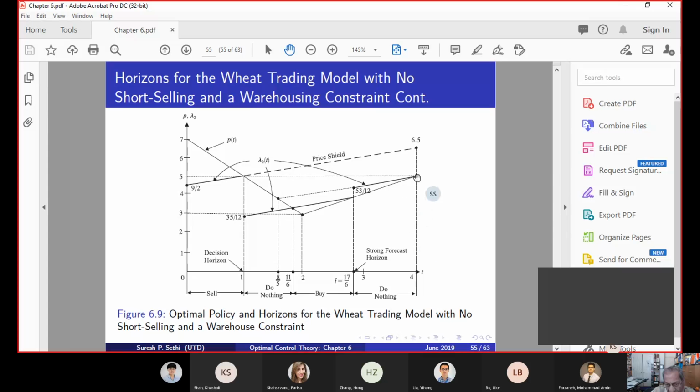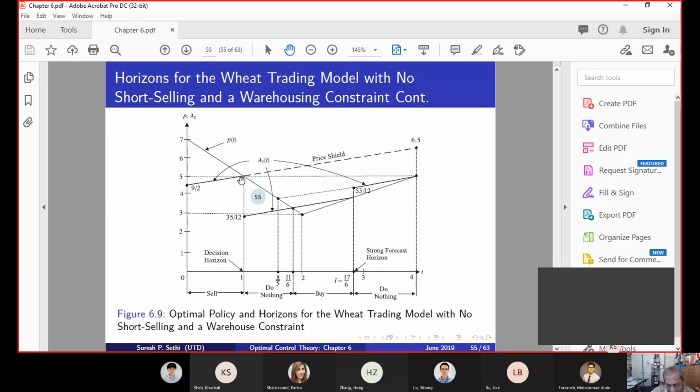And I'm going to start from there. If I start from there with gamma 1, gamma 2 equal to 0, then I will do nothing. And if I go from here, I will sell.